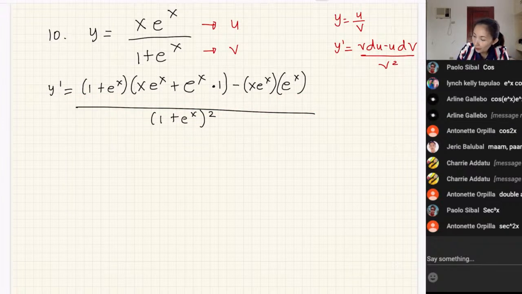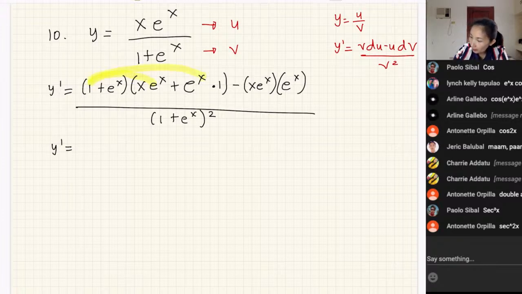Okay, let's continue simplifying. What will y prime be? Y prime will be equal to, let's see what's going to happen. X, multiplying it with this by applying your distributive property. We have a binomial times a binomial, this with this and with that.